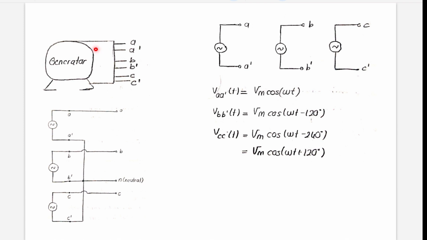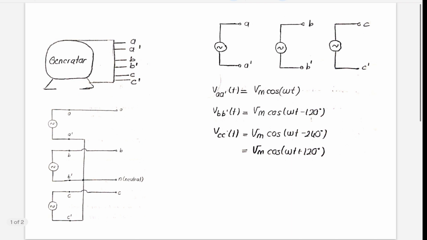For example, this one is the generator, which has six terminals, and it is generating an AC signal. The prime terminals, A prime, B prime, and C prime, are all connected to each other, so they will have the same potential.